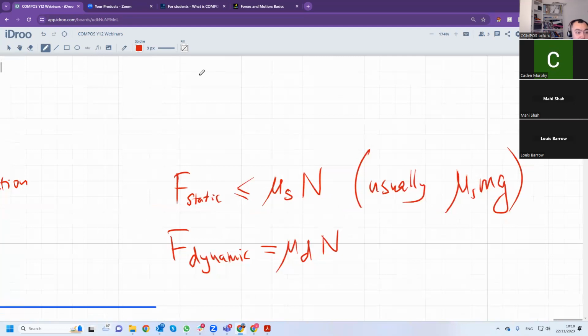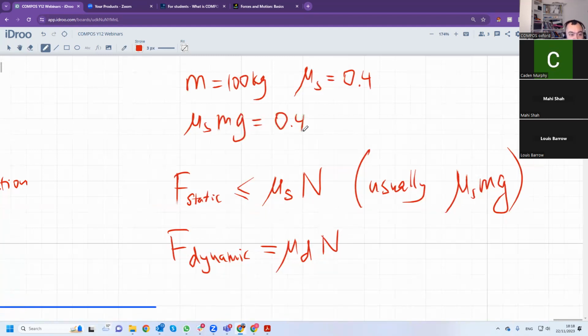For example, if you have a mass of 100 kilograms and the coefficient of static friction is 0.4, then mu s mg is 0.4 times 100 times g, which is 10 for simplicity. So it's going to be 400 newtons, the minimum force that you need. Does that answer your question, Archie? Okay.